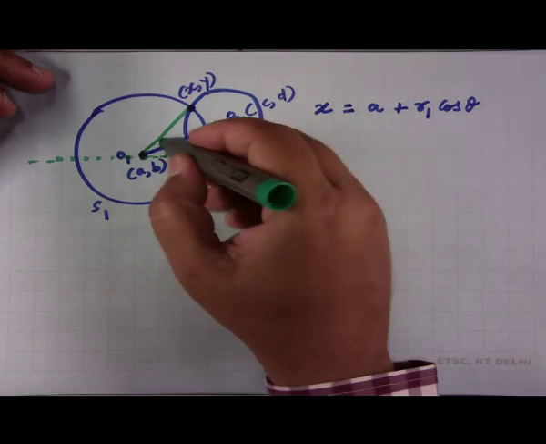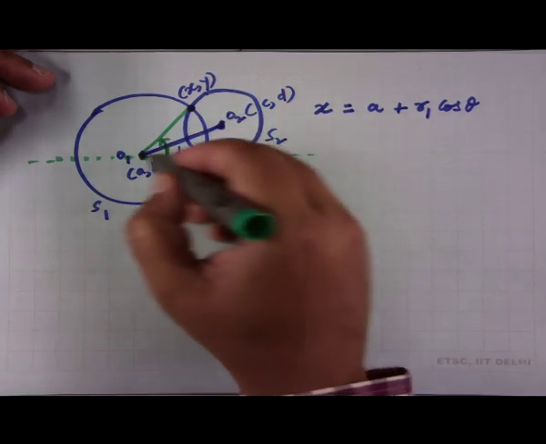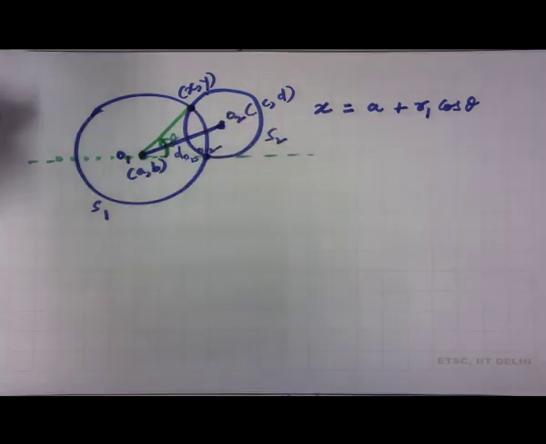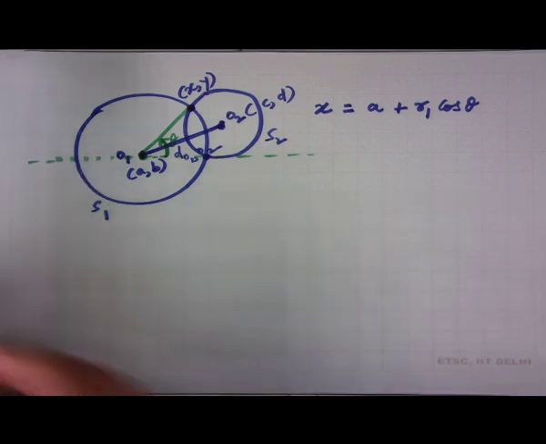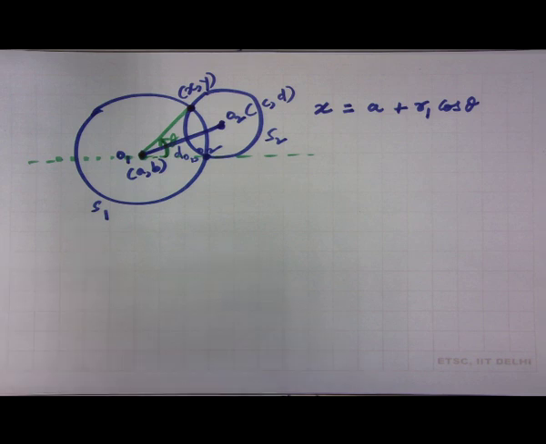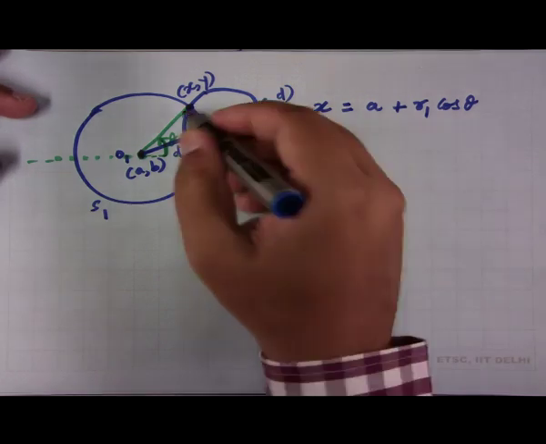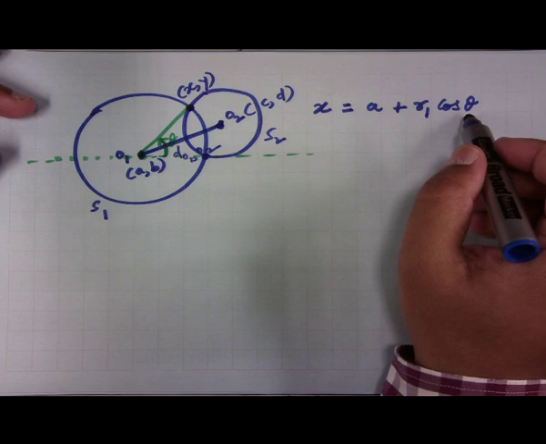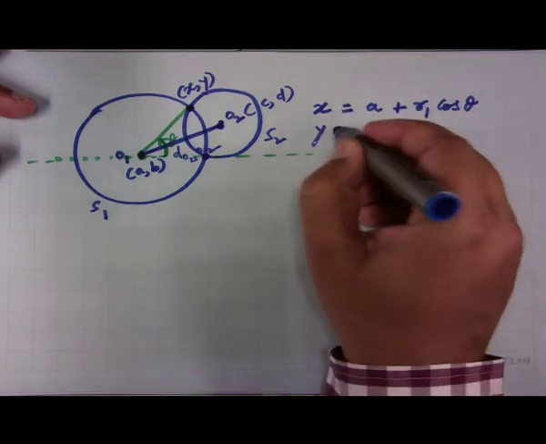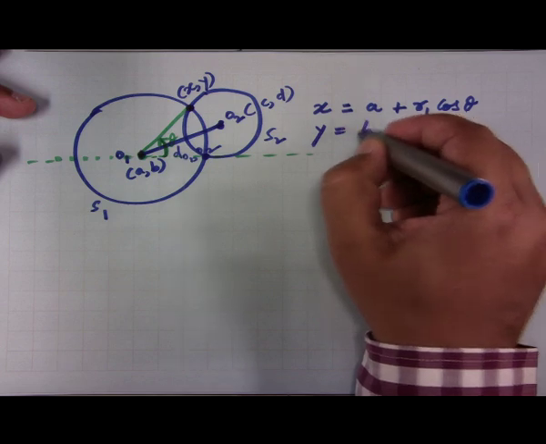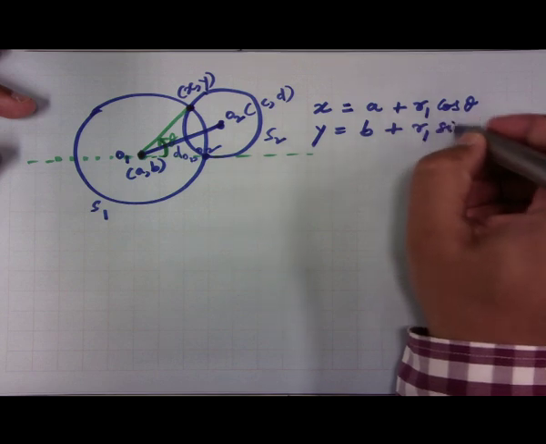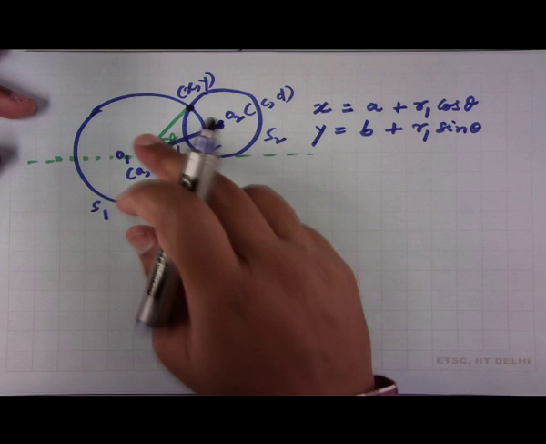So, this angle is theta. Then using the parametric form, we have the x coordinate of any point on the circle written as a plus r1 cos theta, and the y coordinate will be equal to the y coordinate of the center, which is b, plus the radius times sine of the same angle theta.